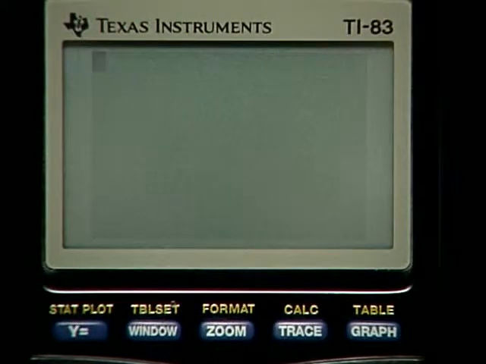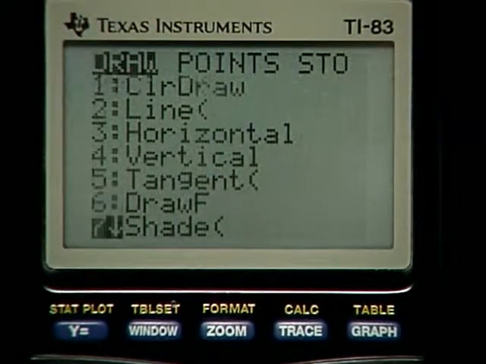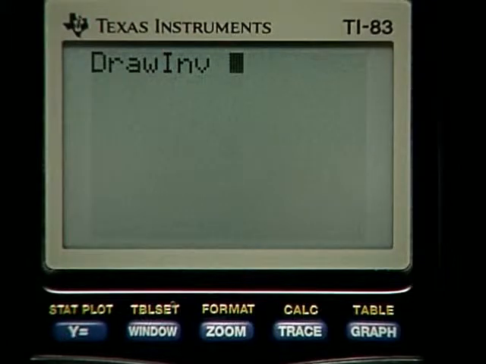And from here, we access the draw menu. Now, to do that, press second and then the button marked program. The second function on program is draw, so it's actually second, and then we're accessing draw. Here's the draw menu. Let's cursor down. There are a number of options here, and it's option number 8 that we want. Here's draw inverse.